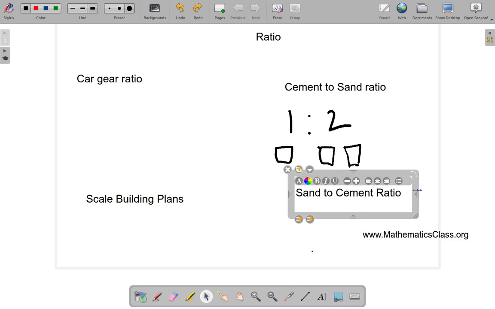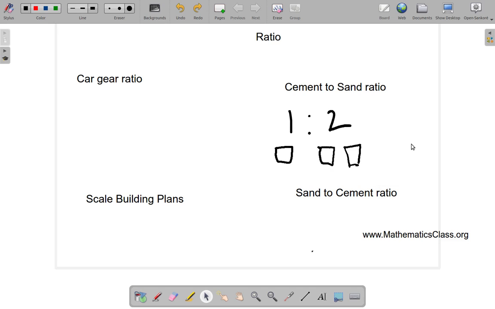Now, in switching it around, instead of saying 1 to 2, what you would say is 2 to 1 ratio. What that means, every 2 buckets of sand that you throw on the ground to mix, you use 1 bucket of cement. All right.